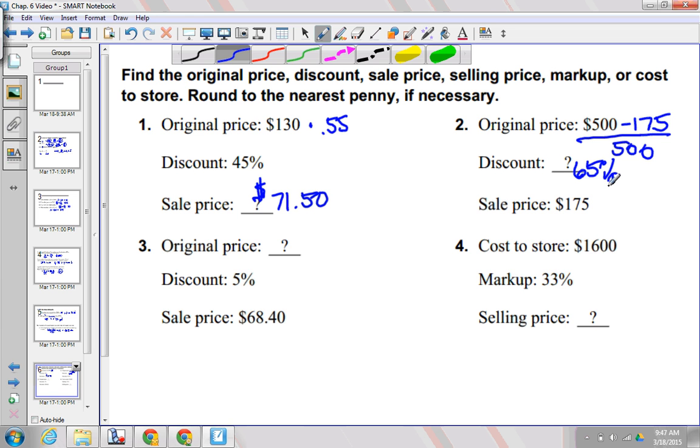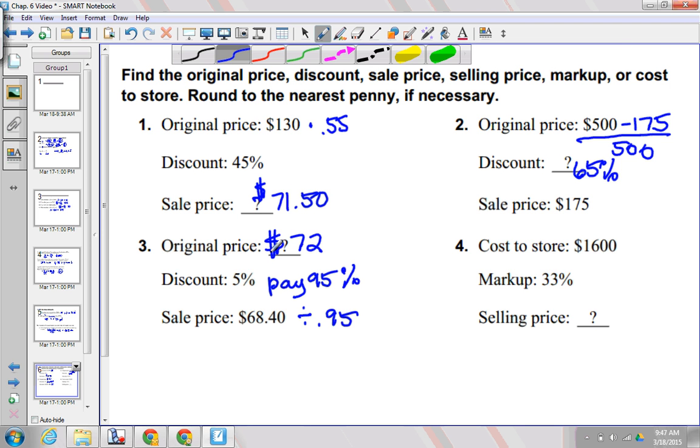Number 3, if we're getting a discount of 5%, we're paying 95%. So we have to divide by 0.95. And that would end up being an original price of $72.